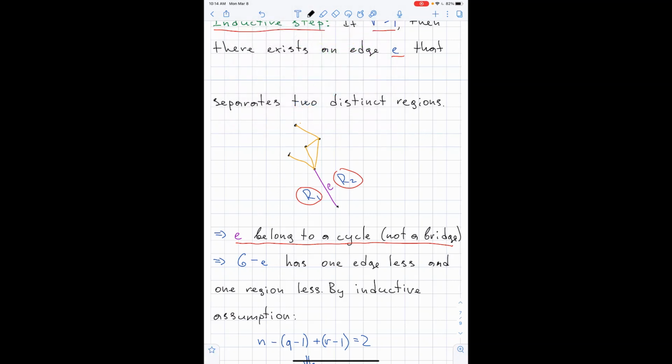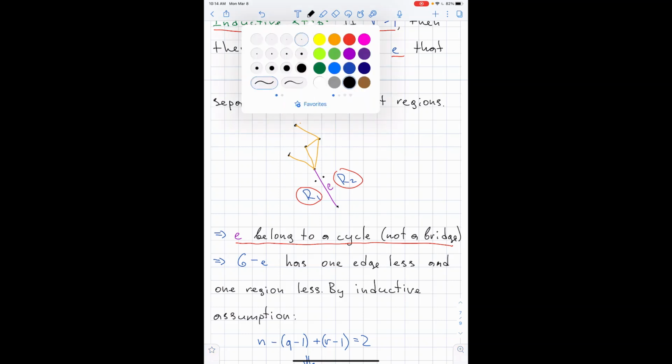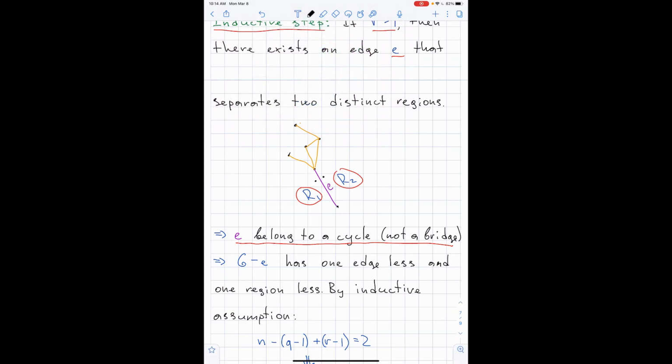And what that means is that if I have two points, one on one side of the edge and the other on the other side, then we can connect them by going around. Once again, if it does not belong to any cycle, it has to be a bridge, and after erasing it, the graph becomes disconnected.